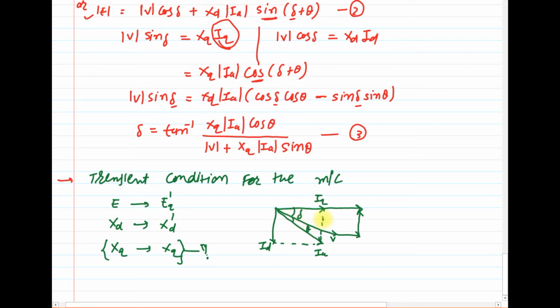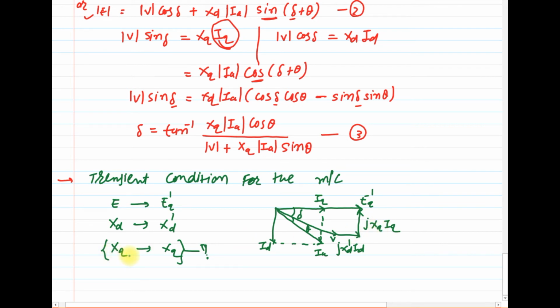here angle theta, power factor, angle delta. Now as per the theory, if we are considering the transient condition for the machine, then E will become EQ dash and XD will become XD dash, which I can write here as j XD dash into ID. In the same way, it is j XQ and IQ.